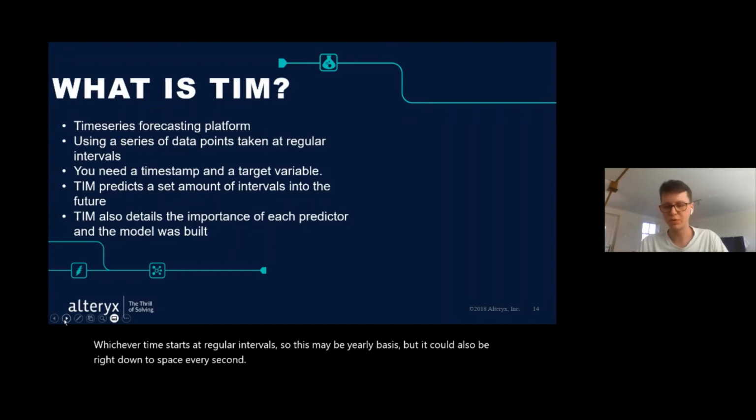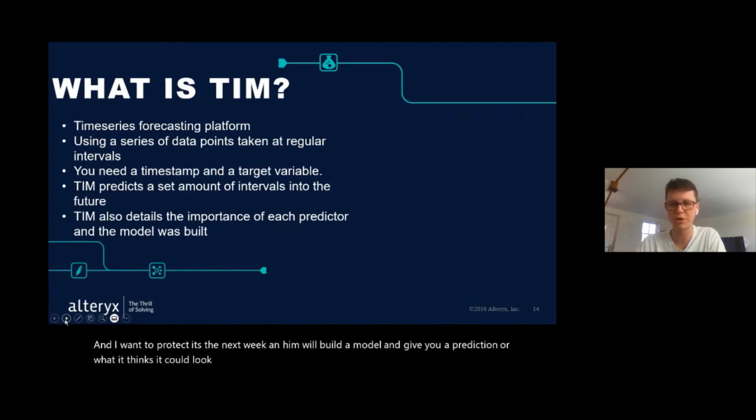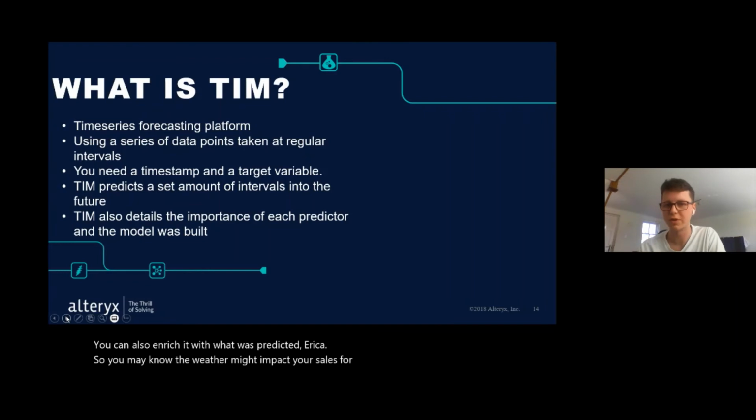And so what TIM will do is you can tell it, I want to predict this certain variable, and I want to predict it for the next, say, week. And TIM will build a model and give you predictions on what it thinks it could look like. You can also enrich this data with what are called predictor variables. So you may know that the weather might impact your sales, for example. And so you can also give it those data points to enrich the data. If we go to the next slide, please.